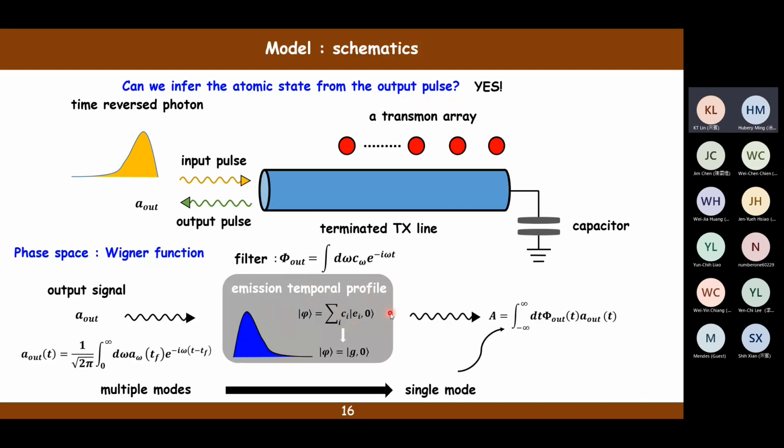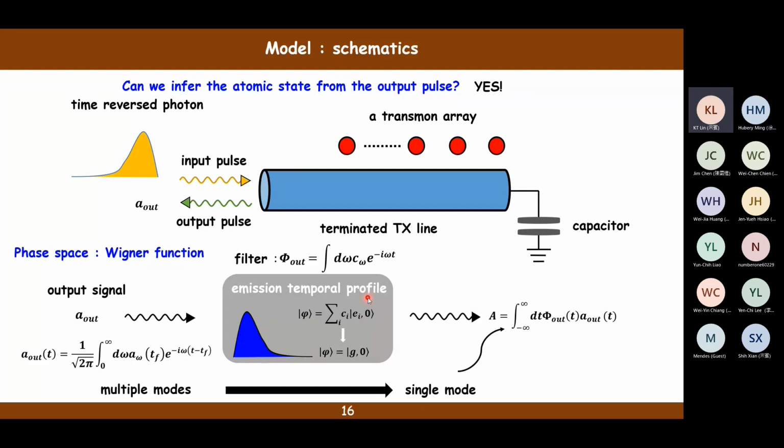If there is some desired state you want to measure, then you must know what the desired state is. Yeah, I know my target state. Then by using some calculations, you can compute the corresponding emission temporal profile. Okay.